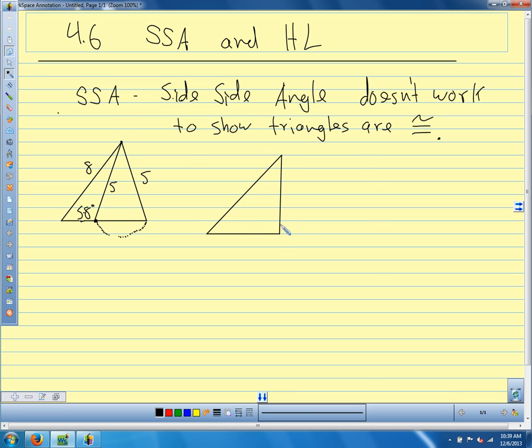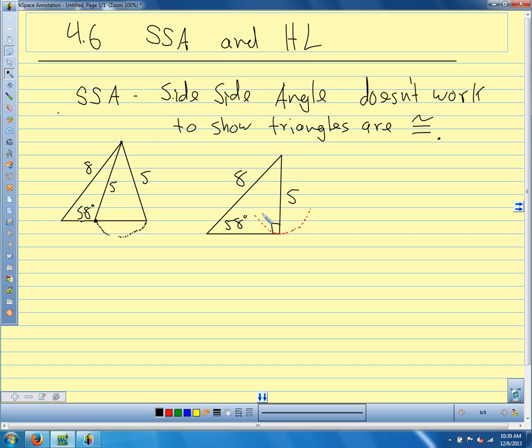So if we have a 90-degree angle, and this is 8, and this is 5, and that's 58 degrees, this side can't swing around and touch anywhere else. That's the only place that it can touch. So if I have a right triangle, I can use side-side-angle to show that two triangles are congruent.